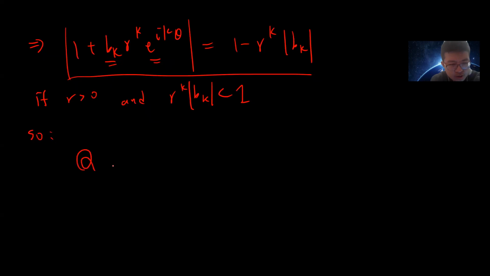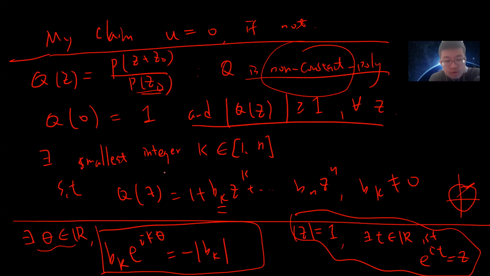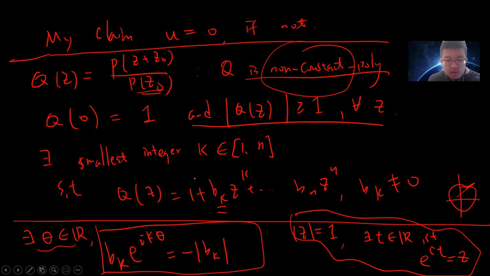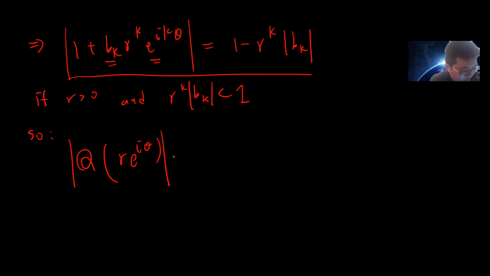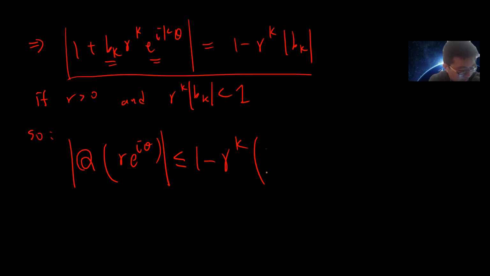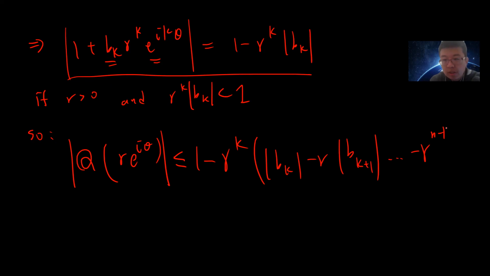So let's consider Q of r exponential i theta. It is less than or equal to 1 minus r^k |b_k|, plus r^(k+1) |b_(k+1)|, up to r^n |b_n|.